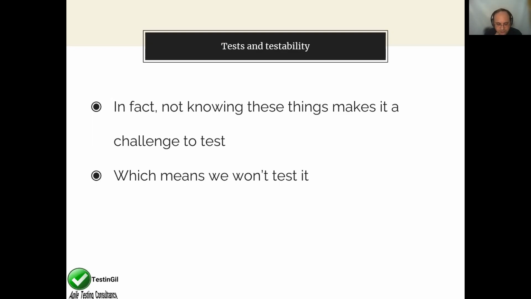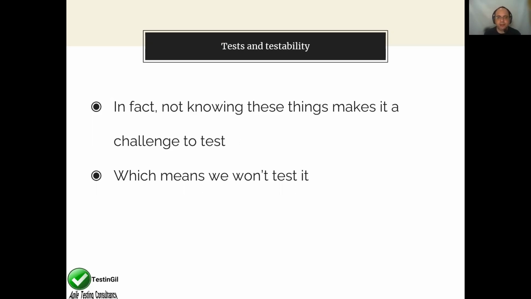The main thing about testability is that there's no such thing really as untestable code. Everything is testable, given enough resources, time and effort. If it becomes expensive to write tests, to prepare tests, it probably means we won't do it.